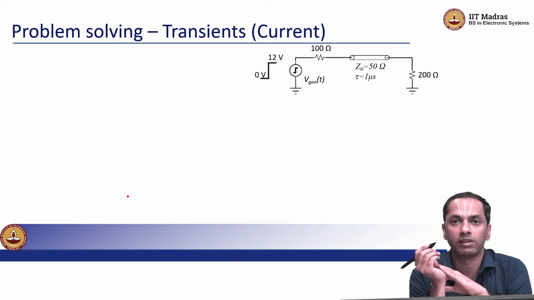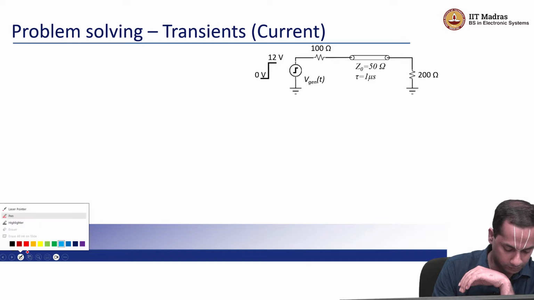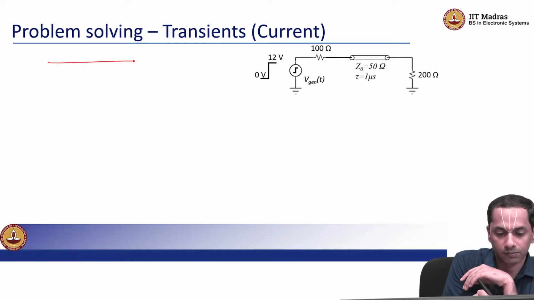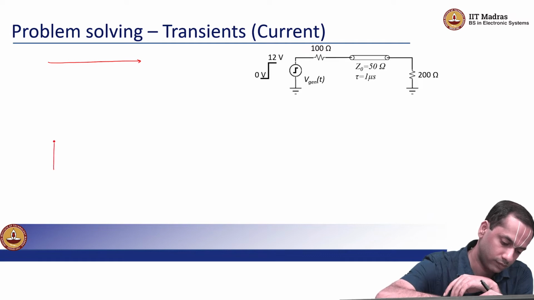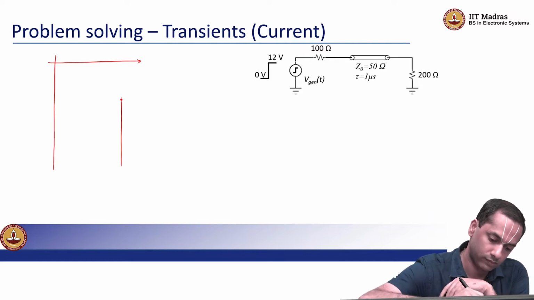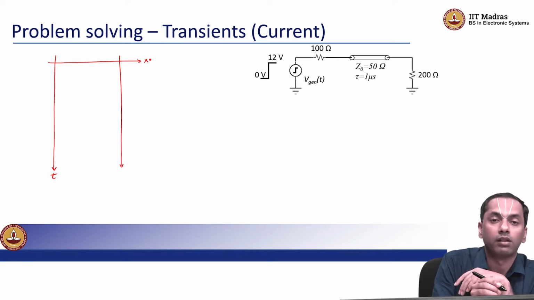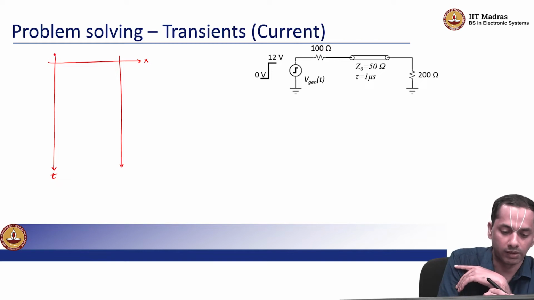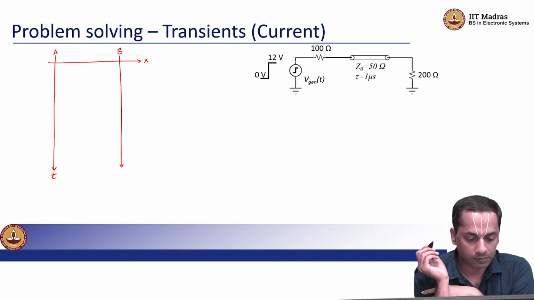So we looked at the voltages, you can also see what happens to the currents. So I have time axis, space axis, right? This is point A, this is point B, right?